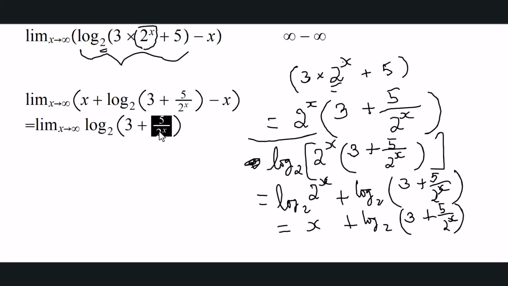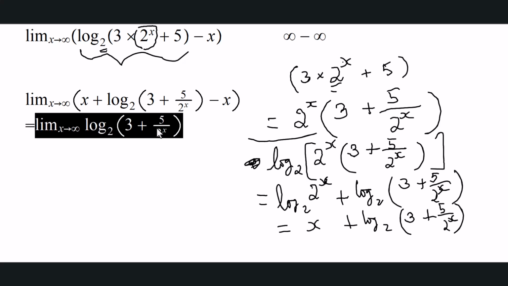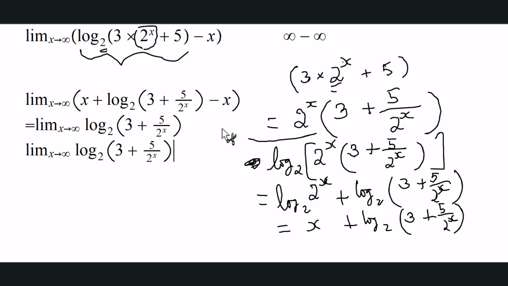Now 5 over 2 to the x will go to 0 as x goes to infinity. So this limit, I'm just letting the computer do it, but you can see this becomes 0, so that will be log of 3.